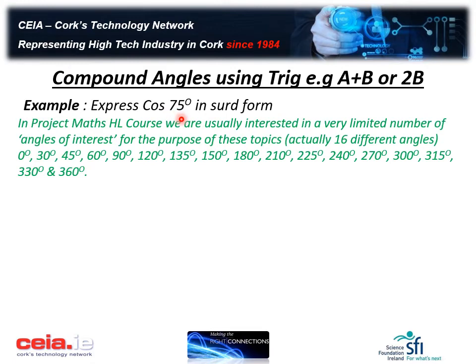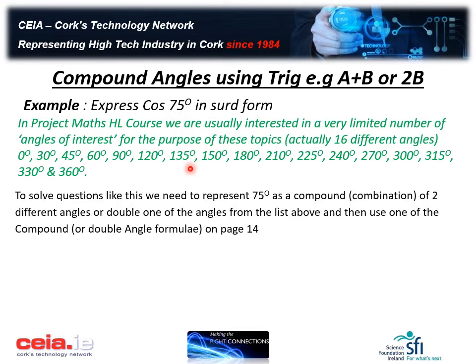And of course, the key to this question is that we need to represent 75 degrees as some kind of compound or combination of 2 different angles from this list. And once we do that, then we're talking about an A plus B, and we can treat it as a trigonometric equation problem using compound angles.